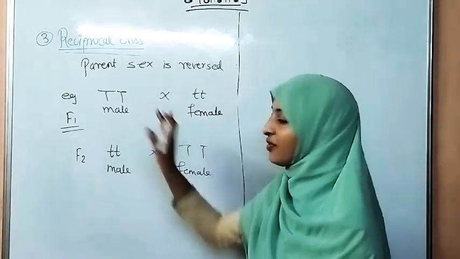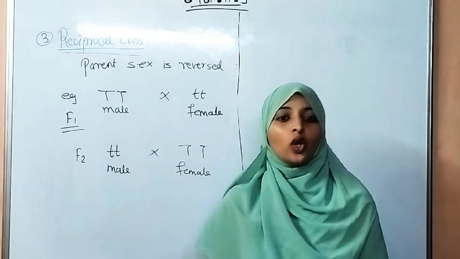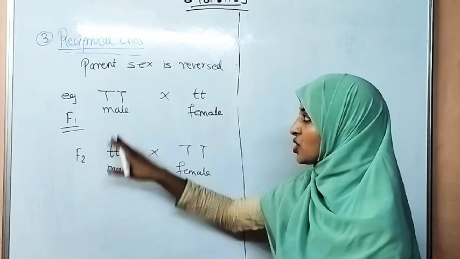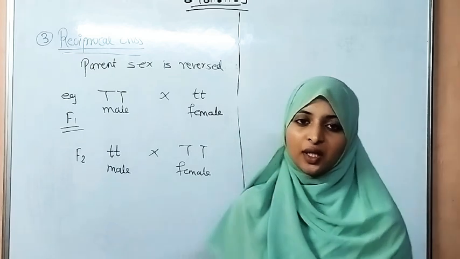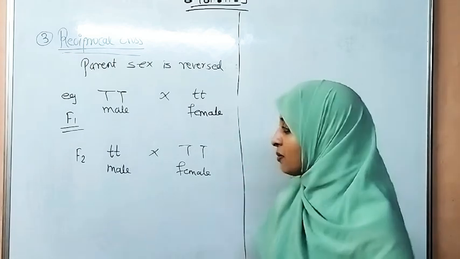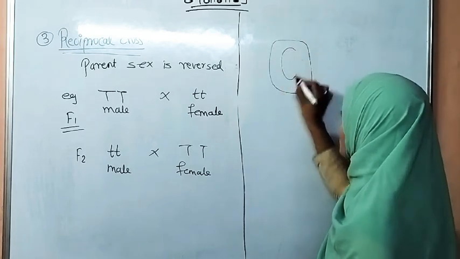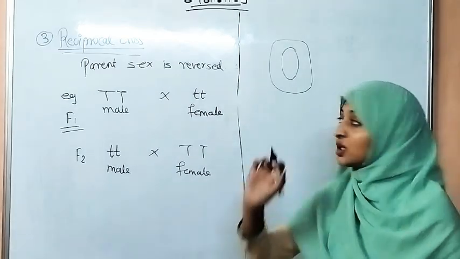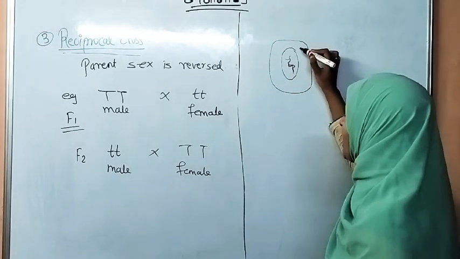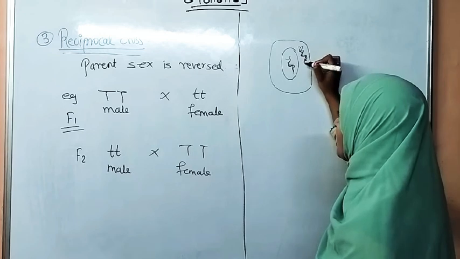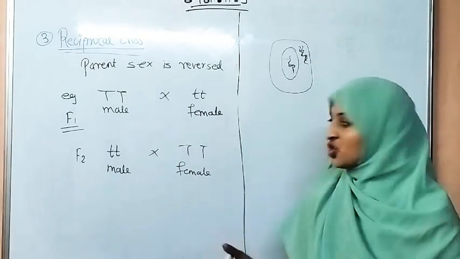Now, why is there a need to reverse the sex of the parent? As we discussed, the karyogenes are not affected during the reciprocal cross, but the cytoplasmic inheritance is affected. If you consider a cell with a large nucleus, the chromosomes of the nucleus do not change, but the genes present inside the cytoplasm get affected and change.